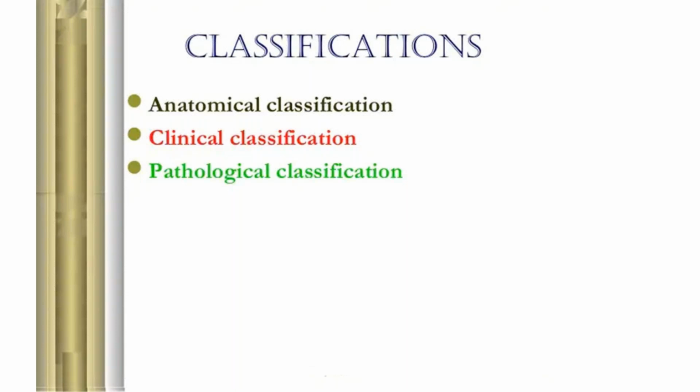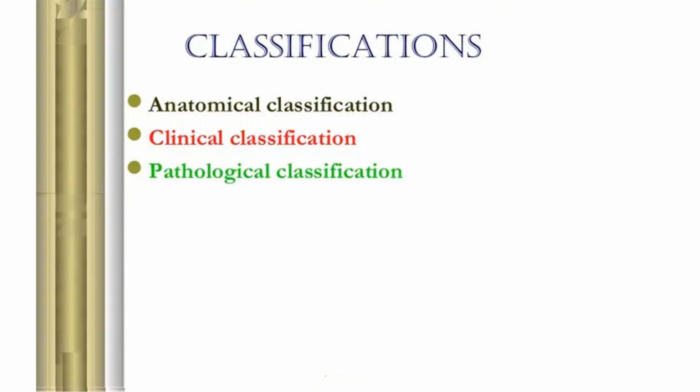Empyema is classified into three types, three classes: anatomically, clinically, or pathologically. Let us start with anatomically.